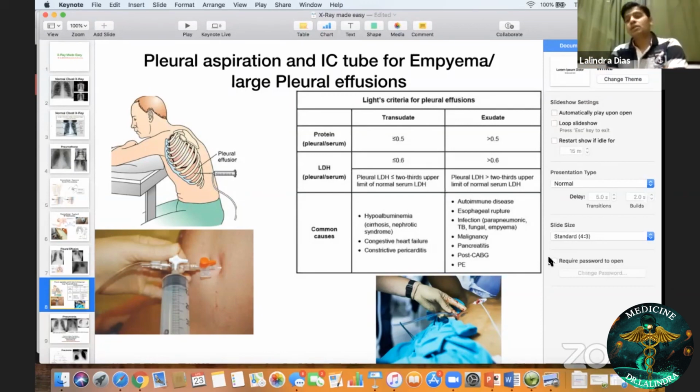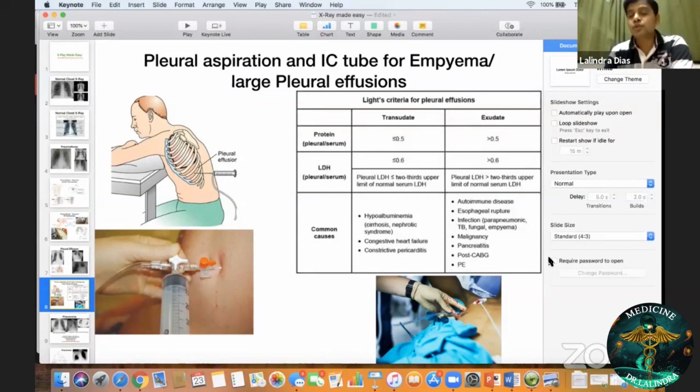Then you can send this pleural fluid for culture, Gram stain, acid-fast bacilli for tuberculosis. You can also do TB PCR to diagnose tuberculosis. Another important test is ADA. What is ADA? Adenosine deaminase. Adenosine deaminase levels are particularly high in tuberculosis.